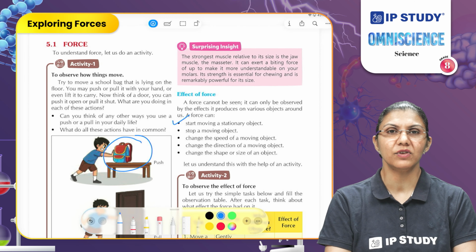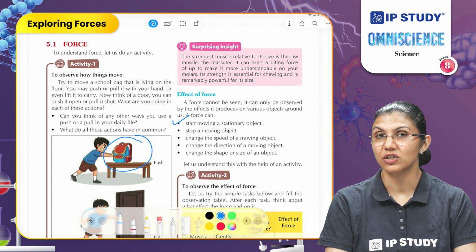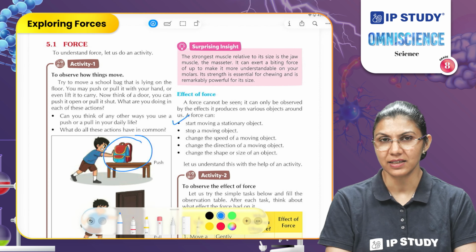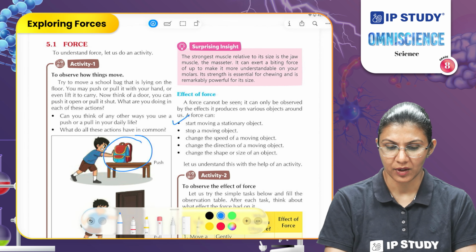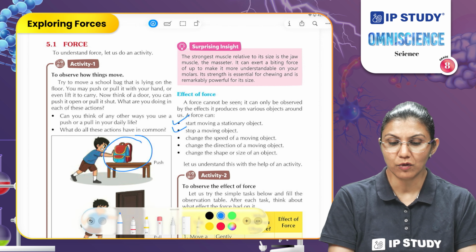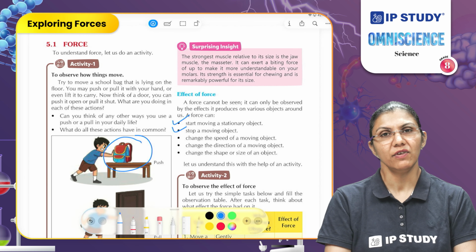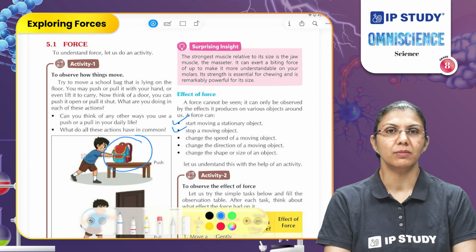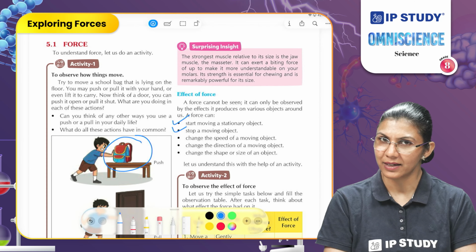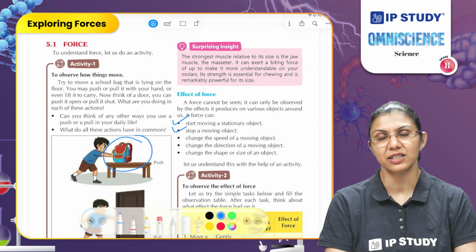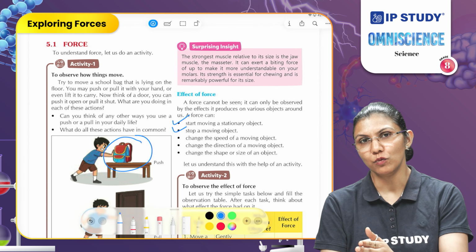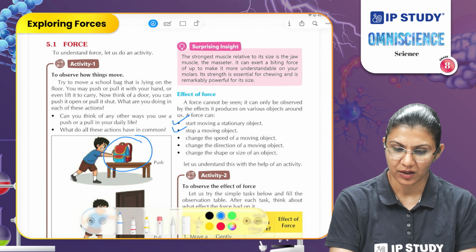It means if the object is stationary, not moving, in rest, after applying the force, it will start moving. Stopping a moving object means again a change of the state of motion. If an object is already in motion, by applying the force, we can bring it to rest. Means we can change its state of motion from movement to resting state.